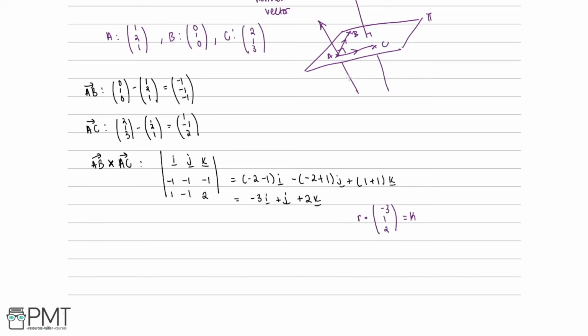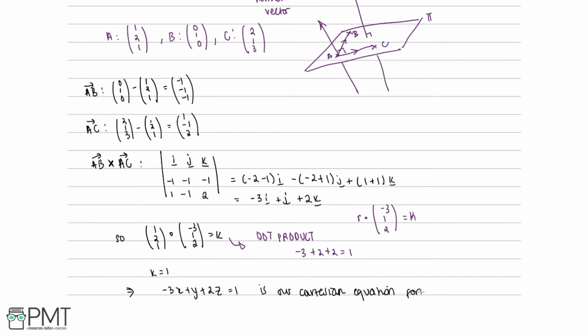We can substitute in A, B, or C, but in this case, I'm going to substitute in my position vector A. So we have (1, 2, 1) dotted with (-3, 1, 2) is equal to k. Performing the dot product, we get k is equal to 1, and thus our Cartesian equation of the plane is -3x plus y plus 2z is equal to 1. This is thus our answer.